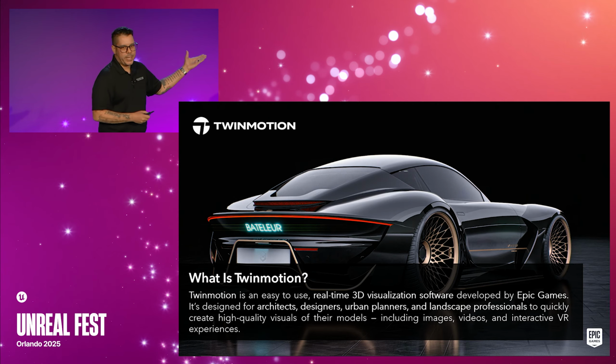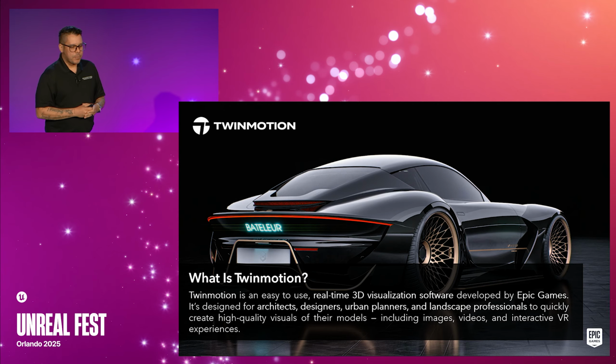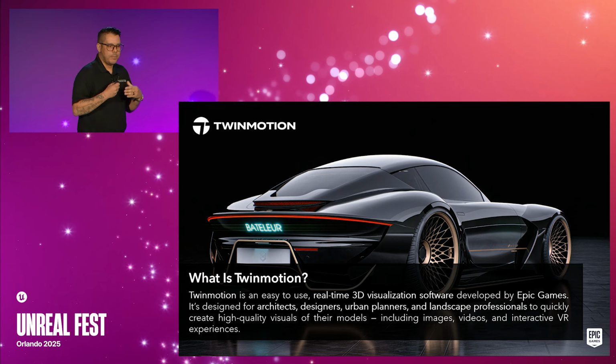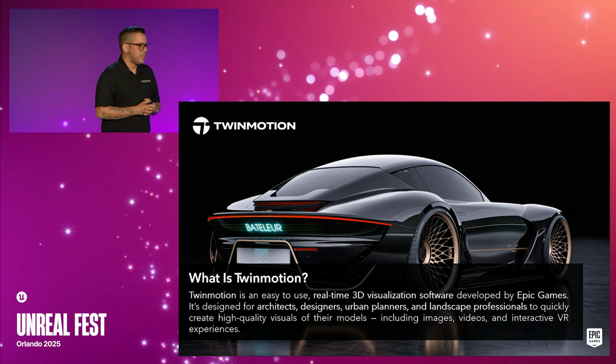Of course, it's made by Epic Games. So Twinmotion is something quick and easy, especially for design teams and designers like myself, to get into in terms of communicating visual ideas and a lot more, right? You can do VR and things like that with it, just in case you didn't already know what Twinmotion was.